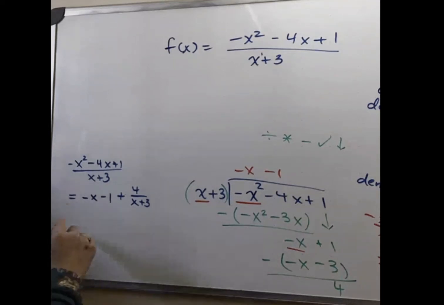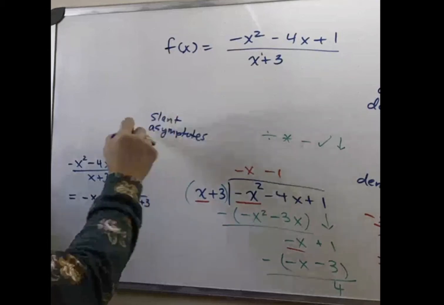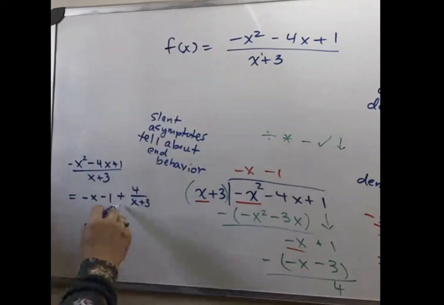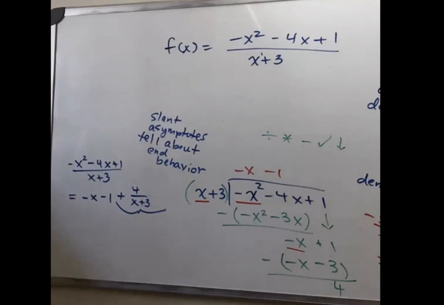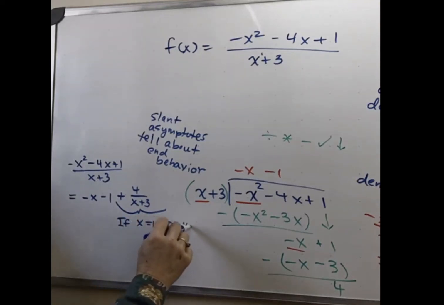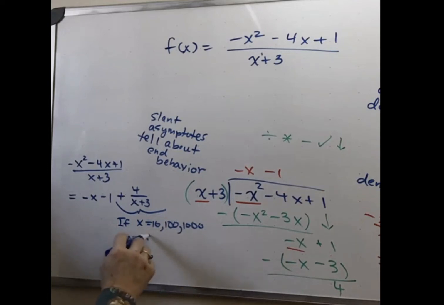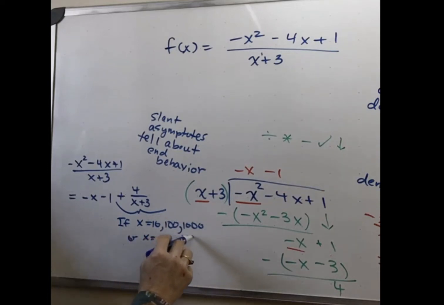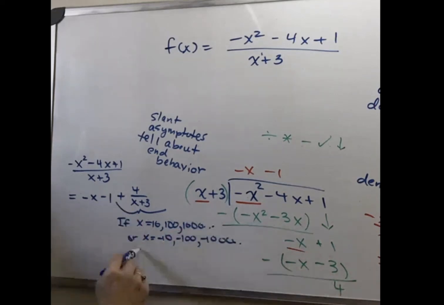But slant asymptotes or oblique asymptotes tell about end behavior. And so if I look at this last term, if I use x equals 10 or 100 or 1,000, or if I use x equals negative 10, negative 100, negative 1,000, if you just plug those numbers in, you'll see that 4 over x plus 3, as you continue in one of those directions, is going to go to 0.